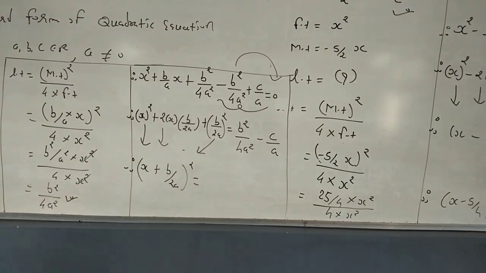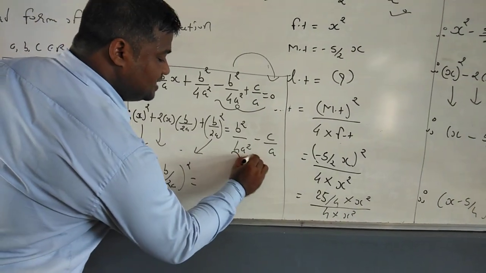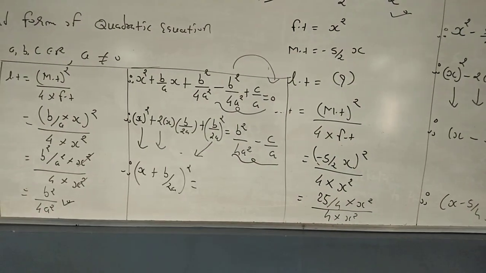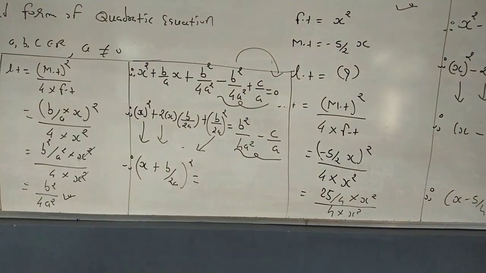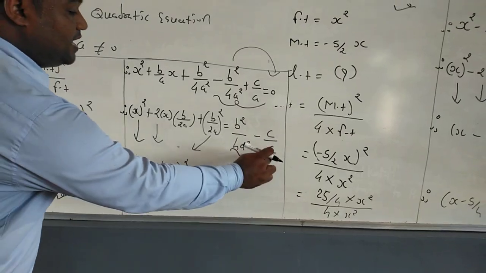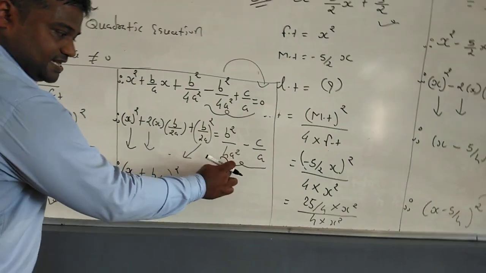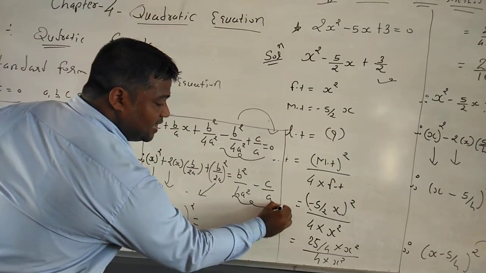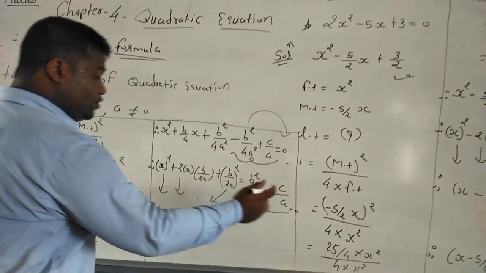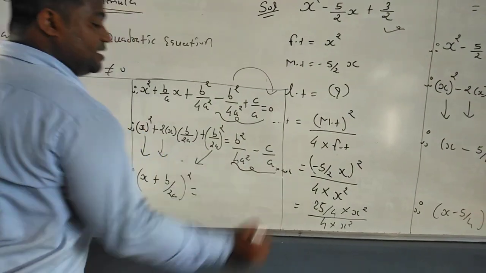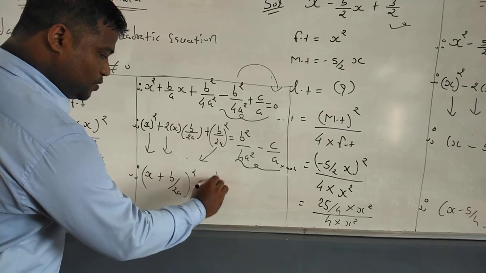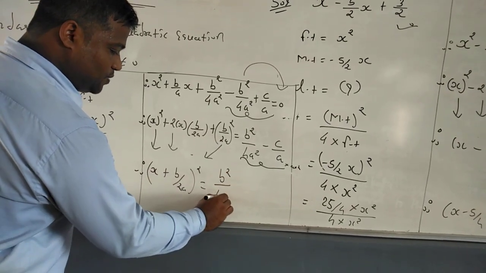Now, what is the LCM over here? When there is a digit it is easy for us, but here it is a constant, so don't worry about it. Over here a is there, over here a square is there, so you multiply with the 4. Here 4 is there, here not 4 is there, so we multiply with the 4. So b square by 4a square.